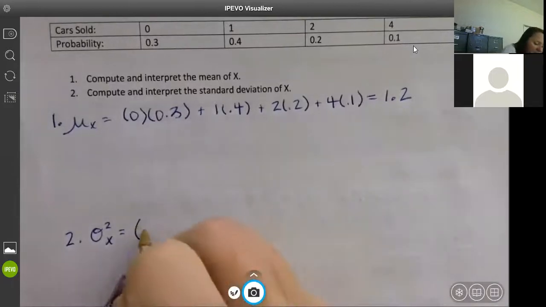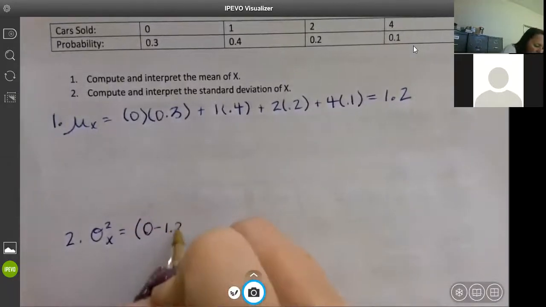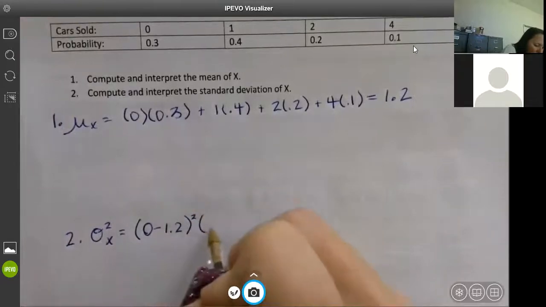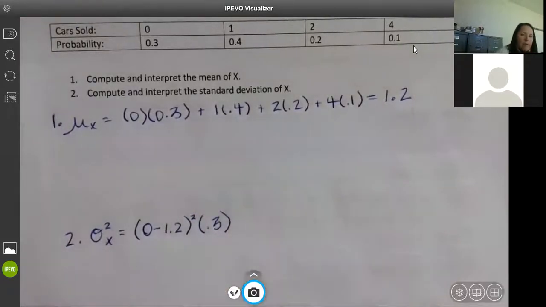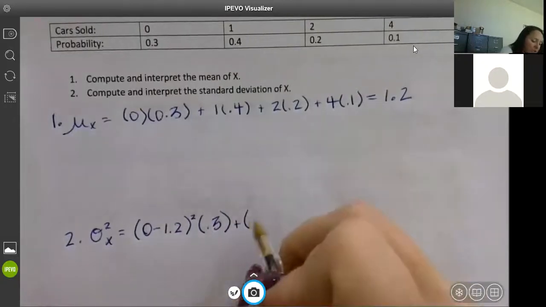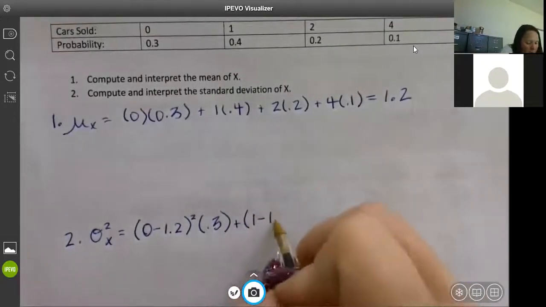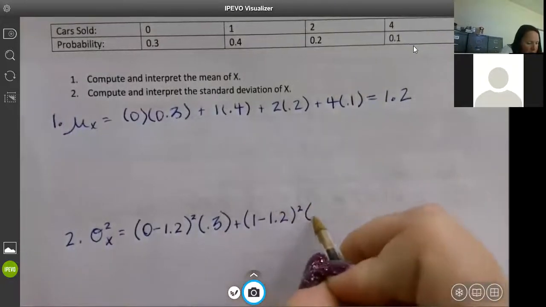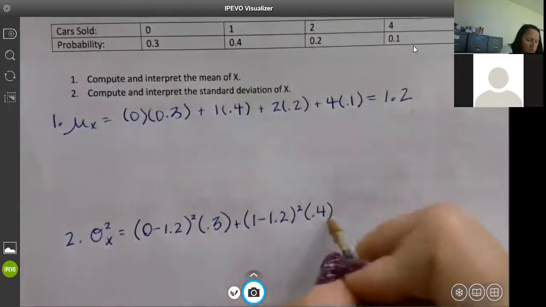So it's your observation 0 minus your mean 1.2 squared times your probability. Again, your observation 1 minus your mean 1.2 squared times your probability, which was 0.4.